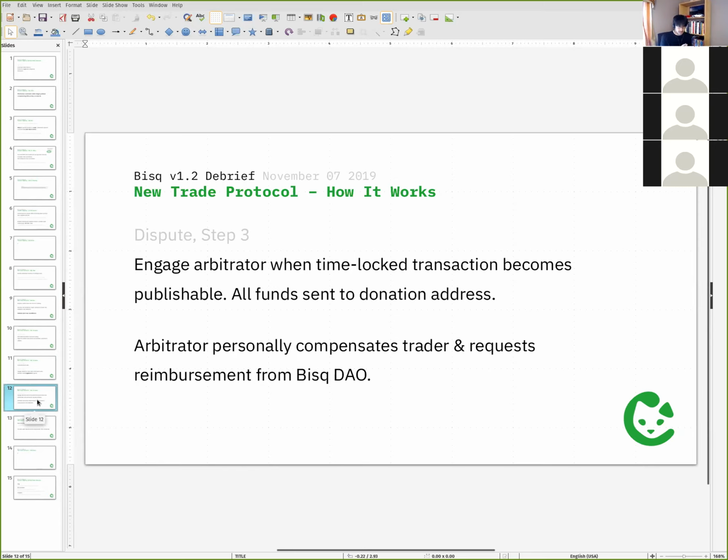And then the arbitrator will request compensation or reimbursement from the Bisq DAO. That's essentially how it works. That's how they're able to solve a dispute and direct the funds in the case of a hopefully rare issue.